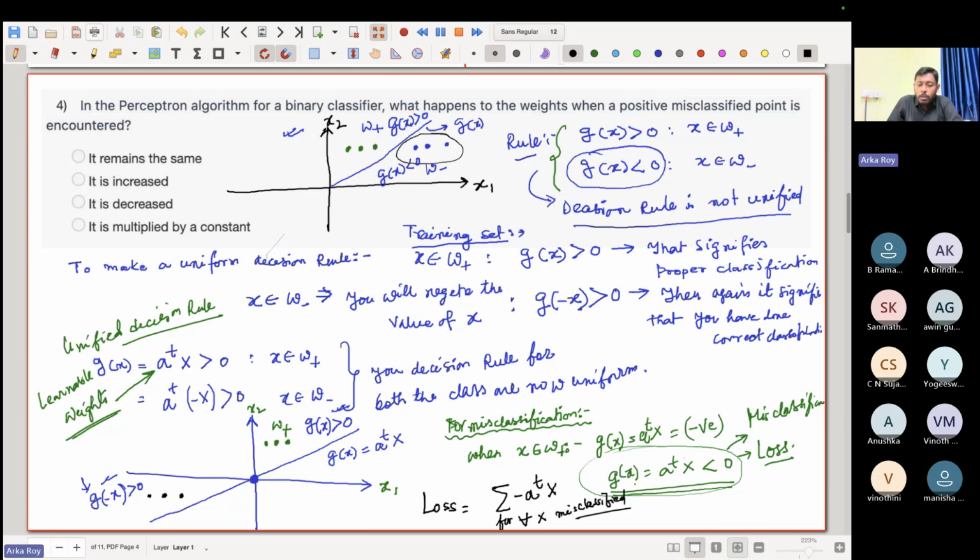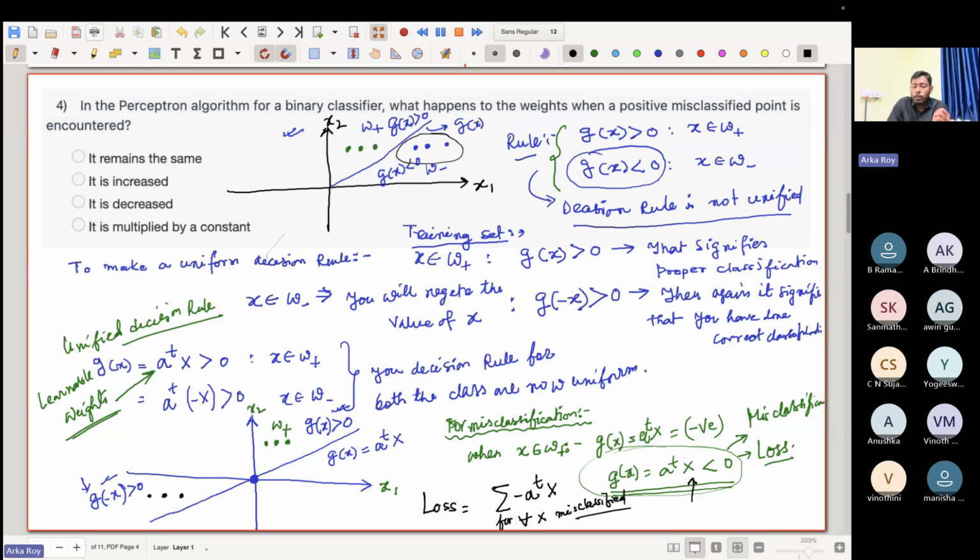So what is the meaning? The meaning is basically whatever x you put, if you are getting the value less than 0, that means you are incurring some sort of loss. So we will be acquiring all those misclassified samples, and we'll evaluate this minus of A transpose x, and then we'll add all those cases. So this will acquire all the misclassified samples. So this is the loss function.